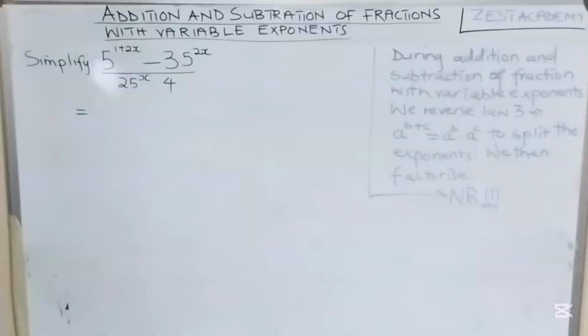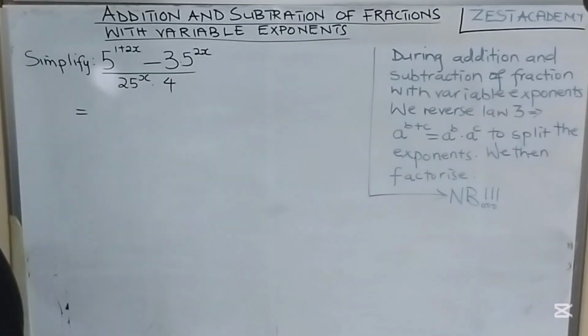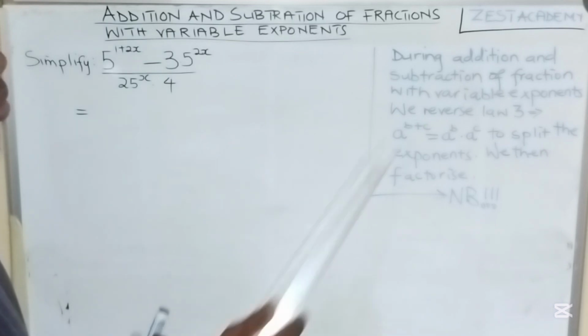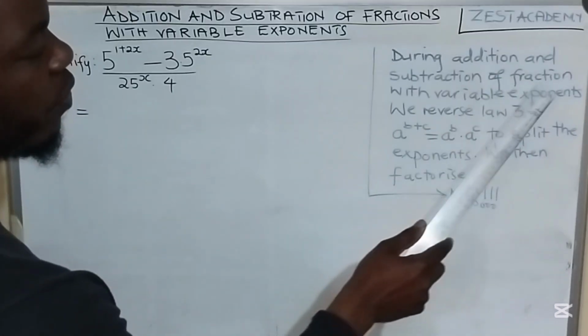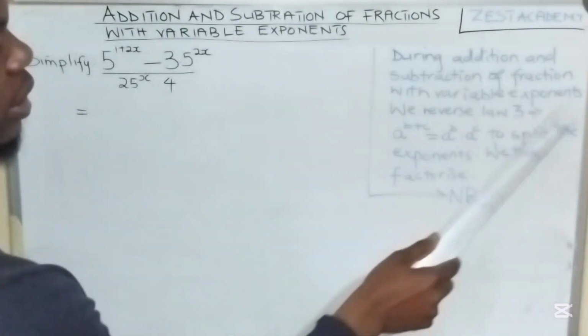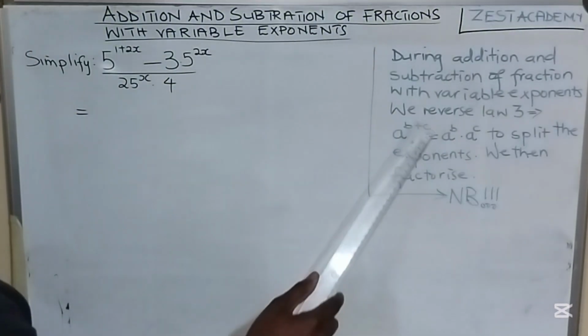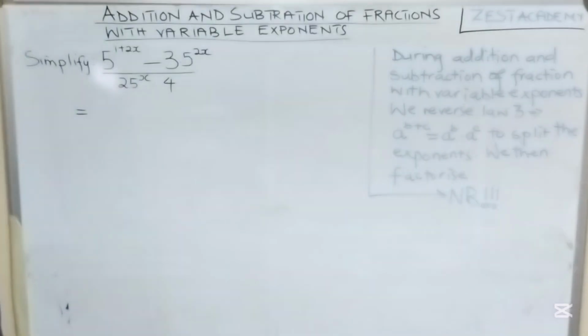Right, so here I included a note that is very, very important that you need to understand. So how do you go about solving this? During addition and subtraction of fractions with variable exponents, we reverse law number 3. What is law number 3?